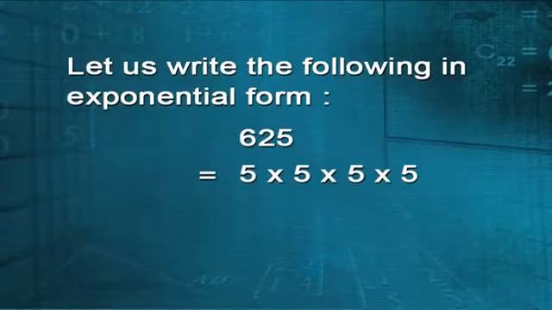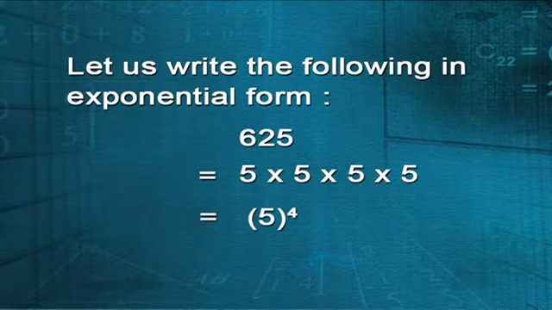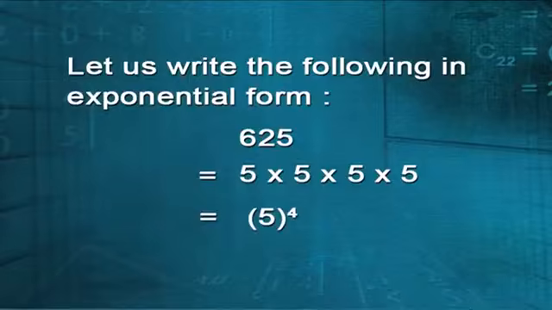So, the number 5 is multiplied to itself how many times? 4 times. Therefore, the exponential form will be 5 raised to power 4, where 5 is the base and 4 is the power. Let us simplify some of the numbers.